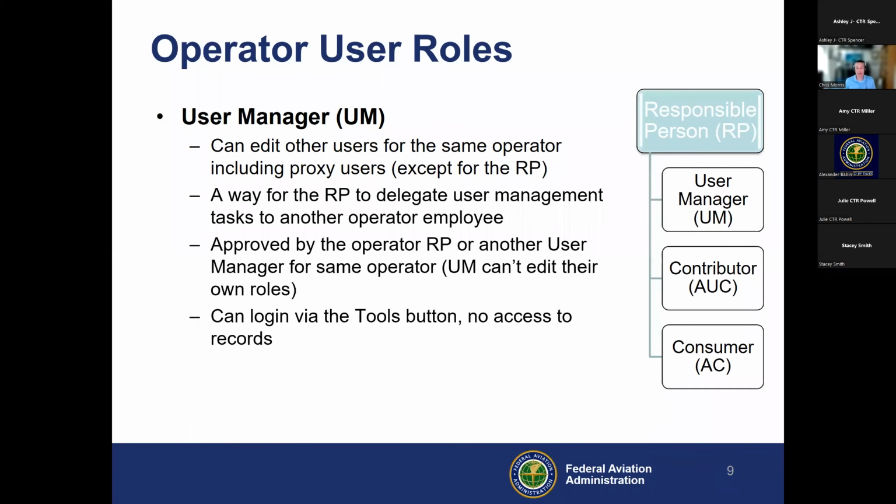And again, you don't have any access to records. You can't view records, that sort of thing. Now you might be thinking, what if I wanted to be a user manager and be able to look at records? You can do that. Of course you can. You would just need to also request the consumer role as well. We'll talk about that more. So let's go to the next one.